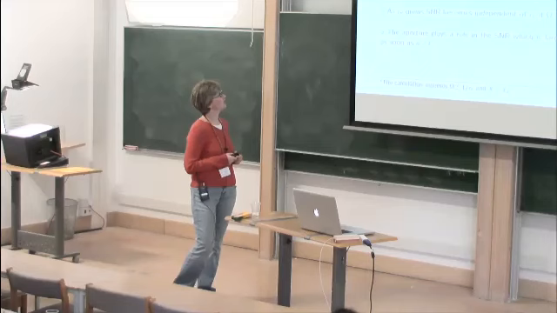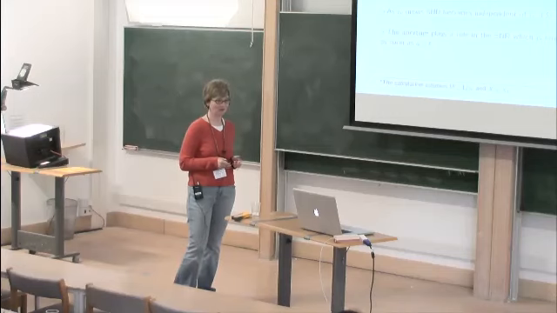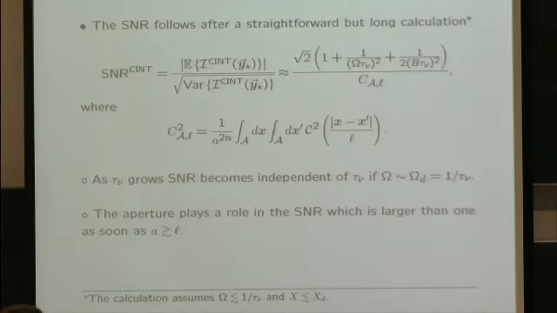For Kirchhoff migration, the signal-to-noise ratio was exponentially small, no matter how big the array was, no matter what you did. There was no way you could rescue that method. Coherent interferometry doesn't have an exponentially small damping. Moreover, this expression shows explicitly how the choice of the parameters affects the signal-to-noise ratio. We already saw that choosing omega about the same as omega d is the right choice.